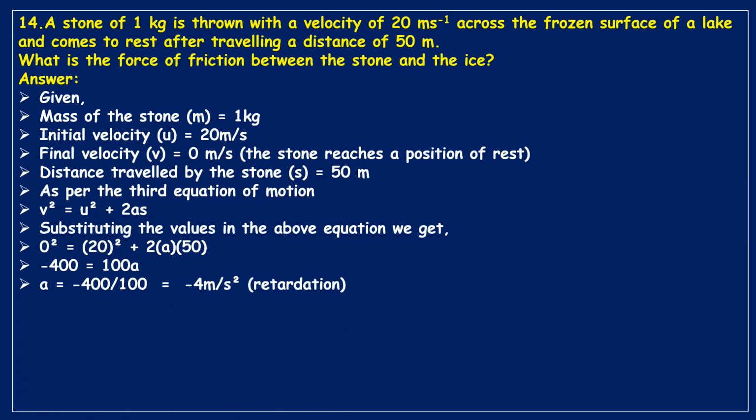Now the acceleration a equals minus 400 upon 100, that gives you minus 4 meters per second square. So the negative sign, minus 4 meters per second square, indicates a uniform decrease in velocity, that is called retardation or deceleration.